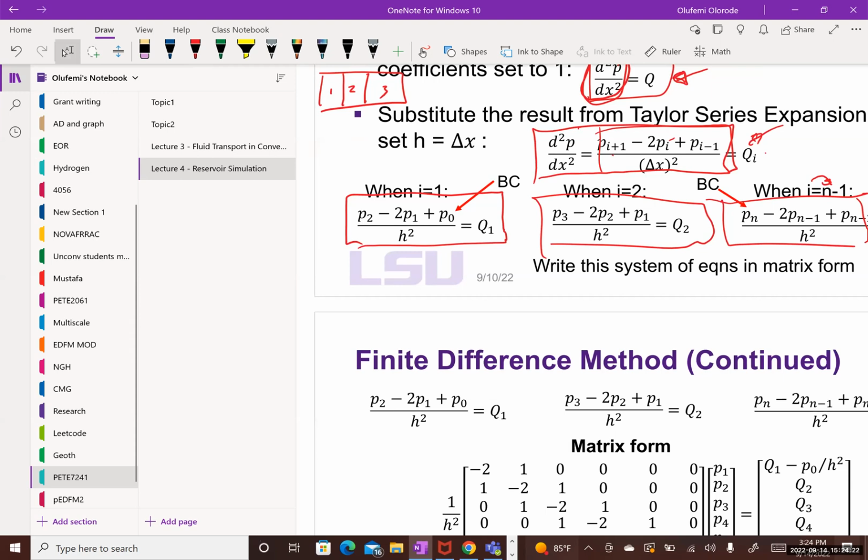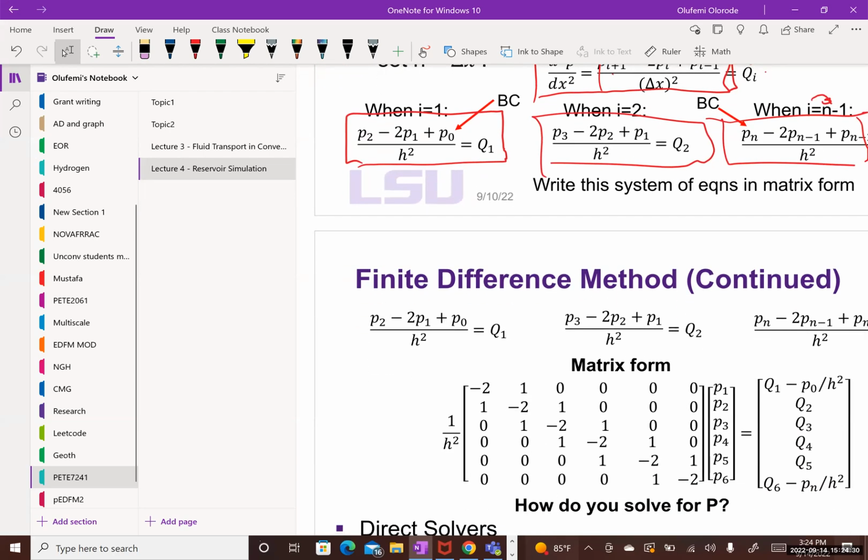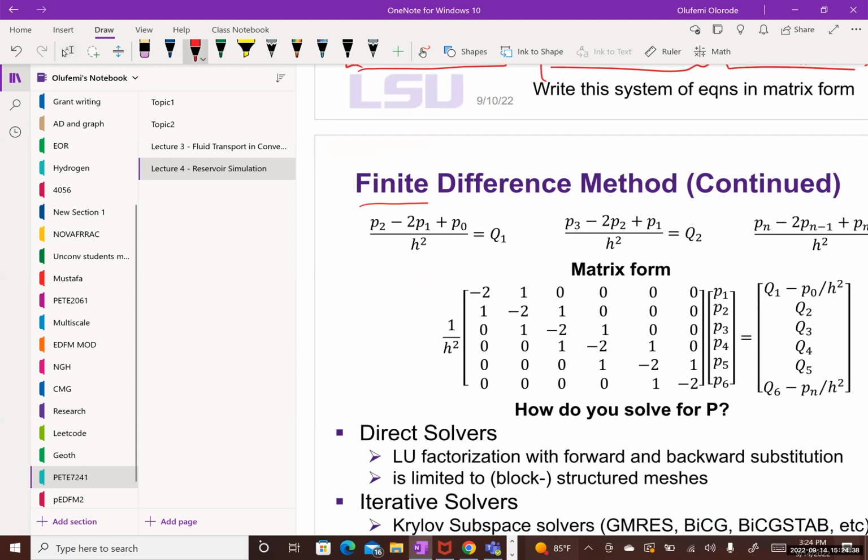So how do you solve this system of equations? What I want to achieve here is to show you how you can move from equations. These equations are simultaneous equations, right? To matrices. And this is significant. You need to know this regardless of the discretization scheme.